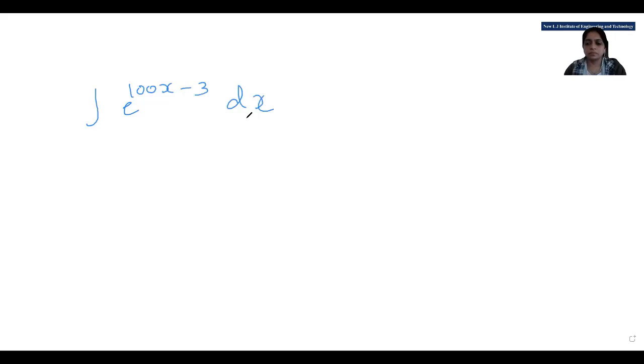Then it's e raised to 100x minus 3 upon 100. In differentiation it is into 100, but in integration it is in the denominator.